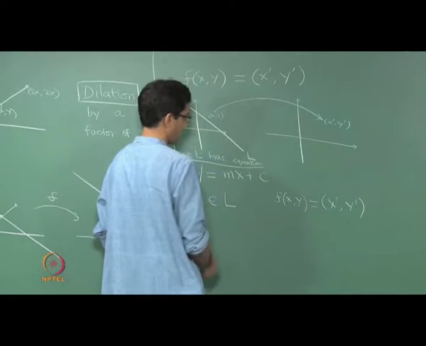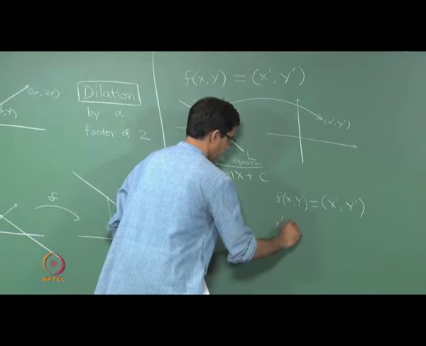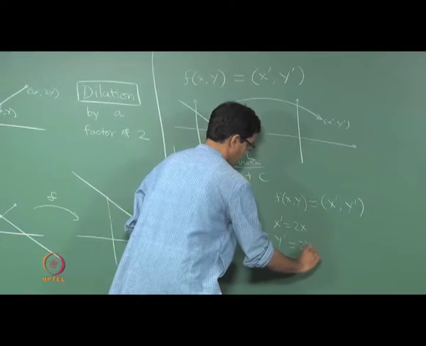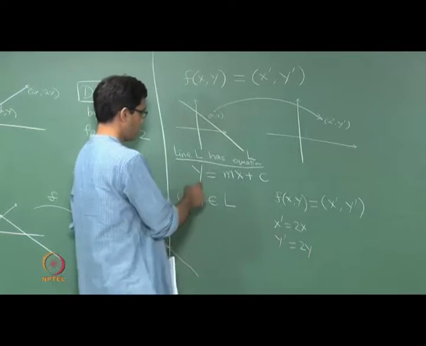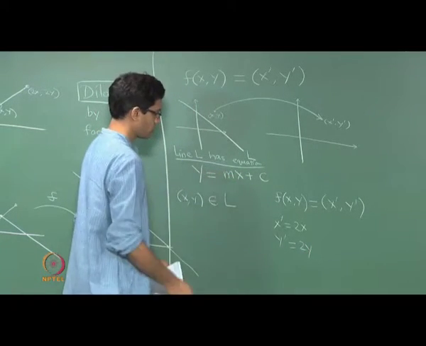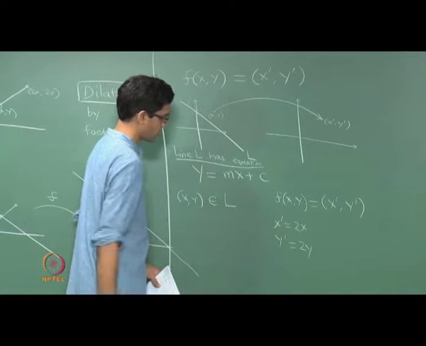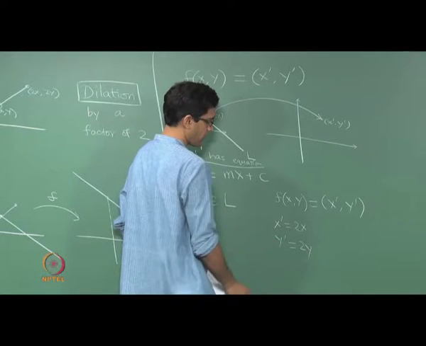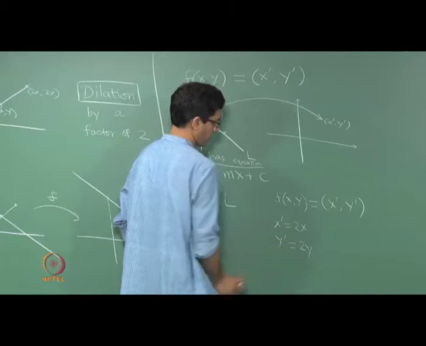That is really the question here. So, let us try and deduce this. So, what is x prime? By definition it is 2x, y prime by definition is 2y. Now, we know x and y satisfy this relation. So, that automatically gives you a relation for x prime y prime, because x is nothing but x prime divided by 2 and y is nothing but y prime divided by 2.